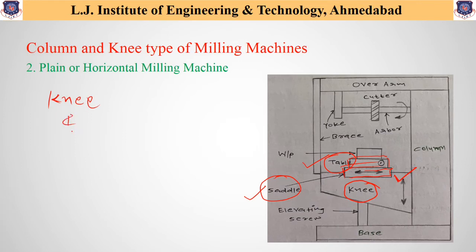The first one is the knee and the other one is the column, because along the column the knee can be moved up and down, and on the knee the table and saddle can be moved. So all the movements are possible with the help of the knee and column, and that's why these machineries are called column and knee type milling machines.